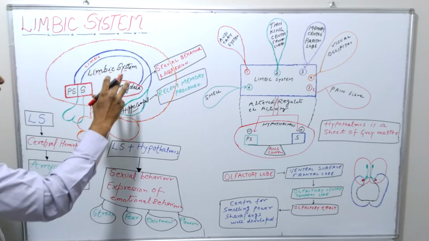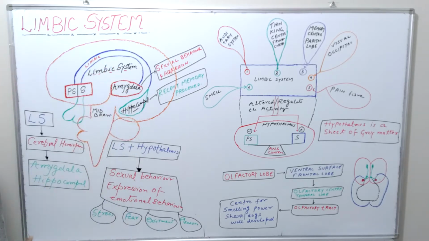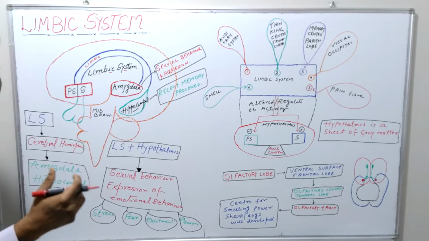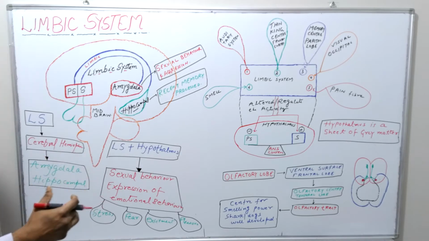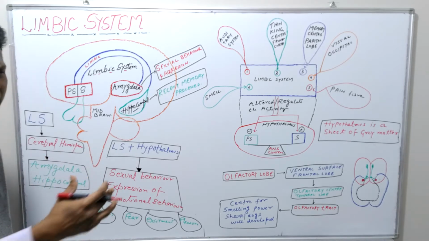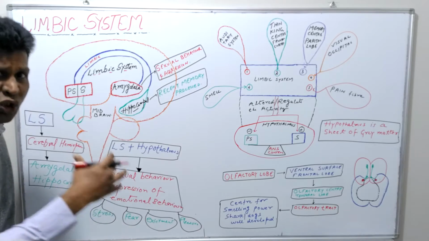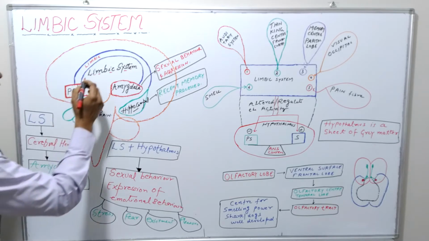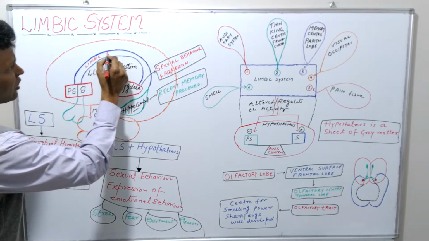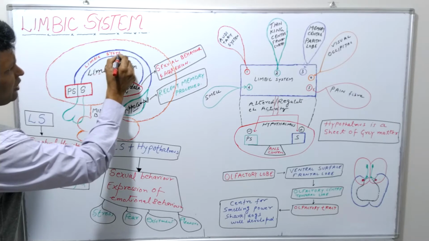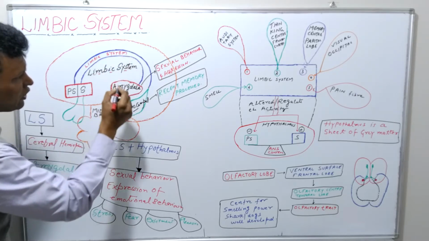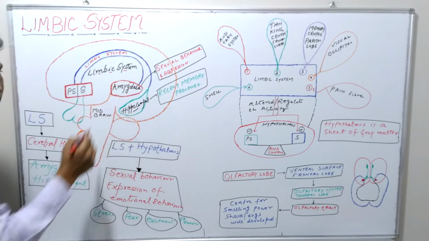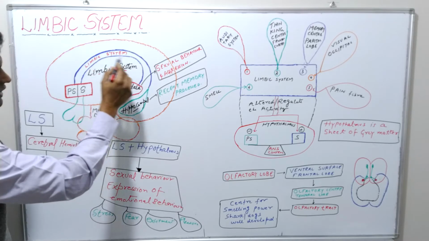It may be happiness, sadness, fear, pleasure, excitement, enjoyment, many things related to your emotional behavior, which the limbic system deals with. This structure is very, very important, present inside your brain, inside your cerebral hemisphere. This is the limbic system.